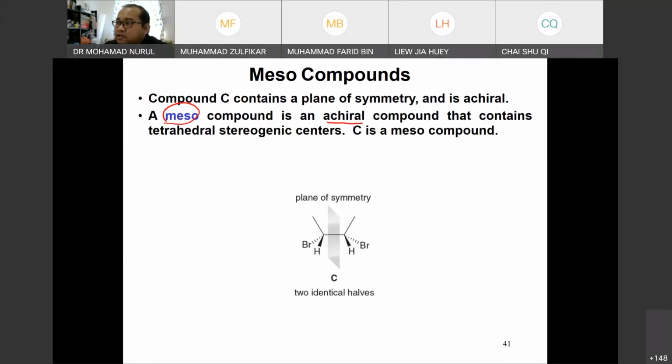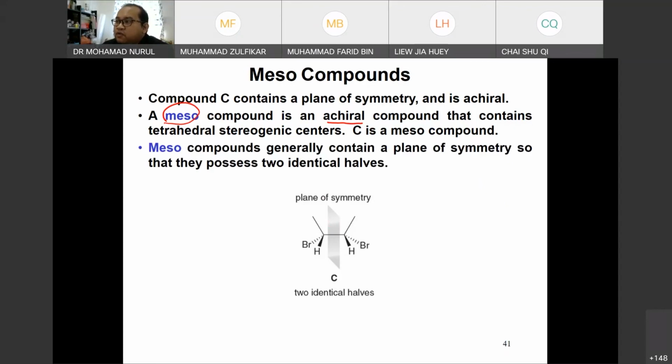C is a meso compound. If you look closely, with the plane of symmetry, we can see the reflection between the halves. So a meso compound generally contains a plane of symmetry. Any compound that has a plane of symmetry when you try to draw a set of enantiomers is a meso compound.